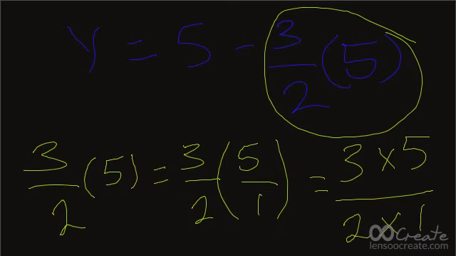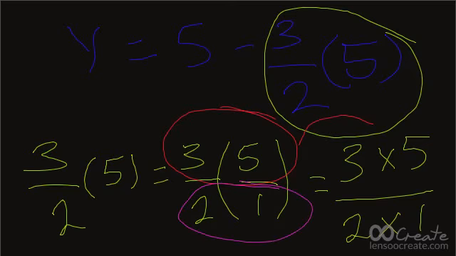As you can see, all we did was we took the numerators and multiplied them together to get 3 times 5. And we took the denominators and multiplied them together to get 2 times 1.